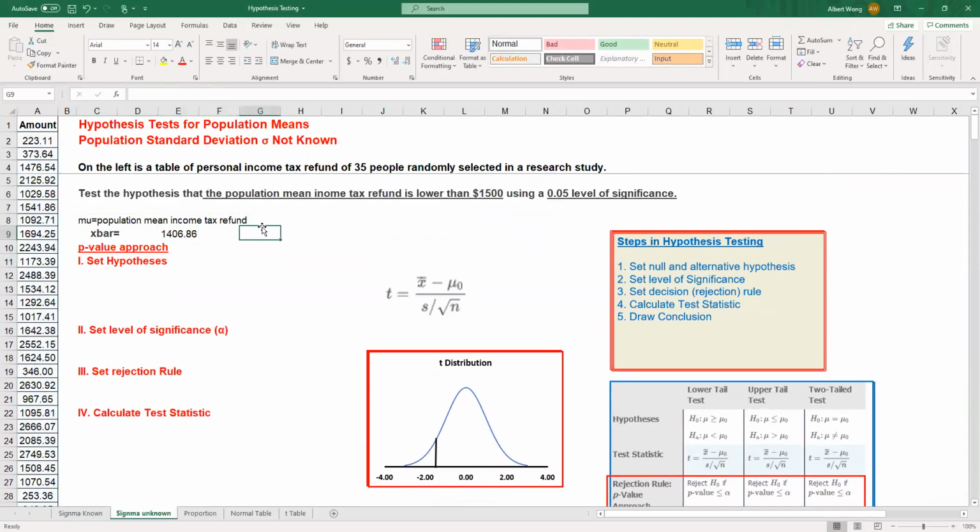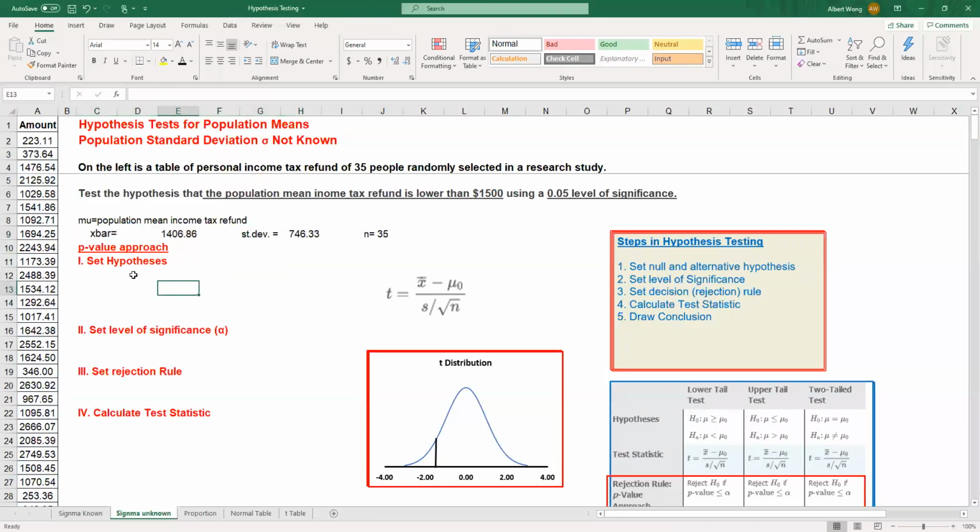Then the standard deviation can be calculated using the standard deviation function in Excel, which is equal to STDEV A2 to A36. And that number is $746.33. And the sample size, of course, is 35, because it says 35. Those are the basic quantities that we use in all the following calculations.